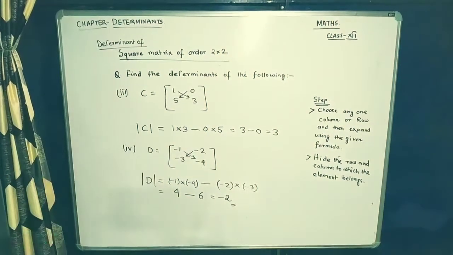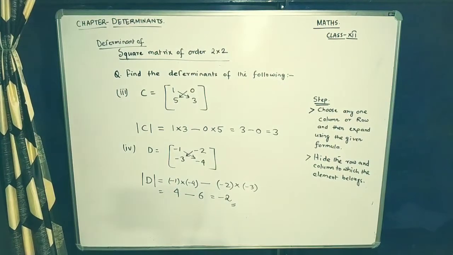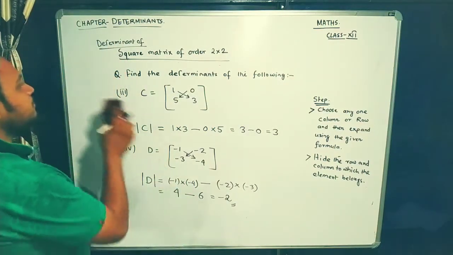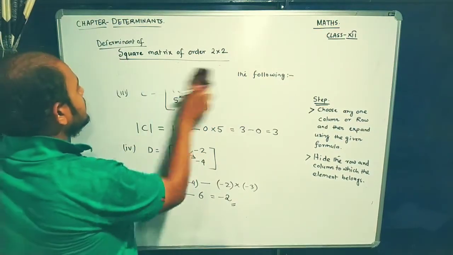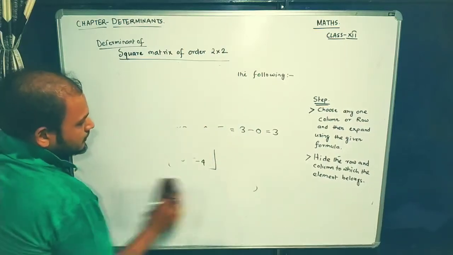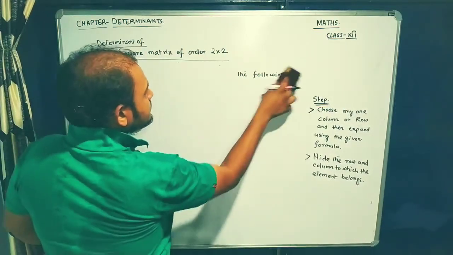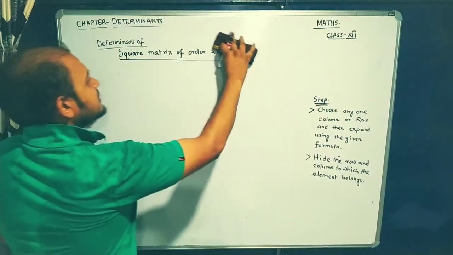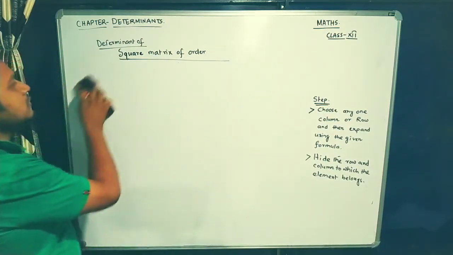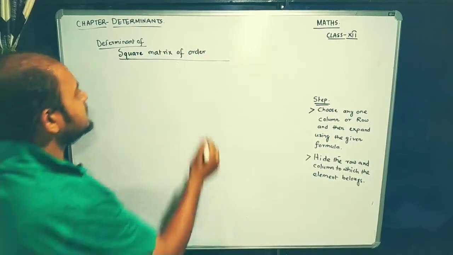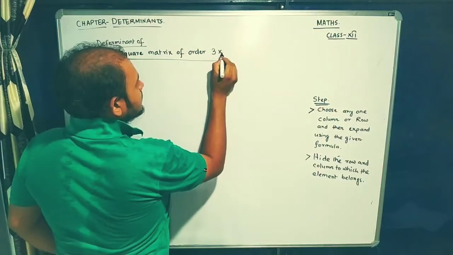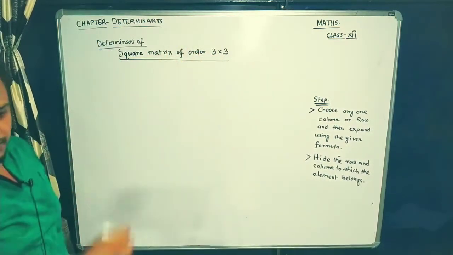Now let's proceed to finding determinant of matrix of order 3 by 3. Now we are interested in finding determinant of square matrix of order 3 by 3.